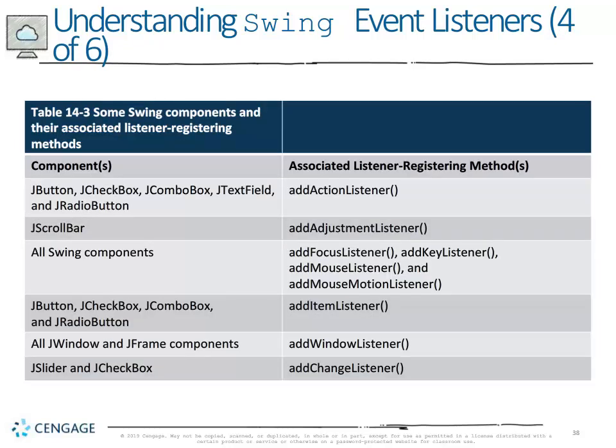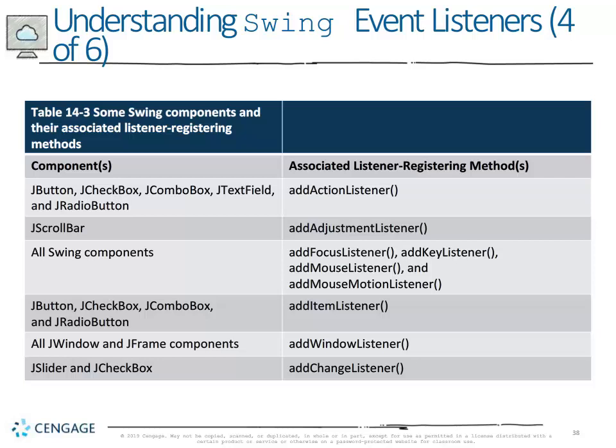We already know that we can establish a relation between a JButton and a JFrame that contains it by using the addActionListener method. Similarly, we can create relationships between other Swing components and the classes that react to users' manipulations of them. In this table, each component listed on the left is associated with the method on the right.